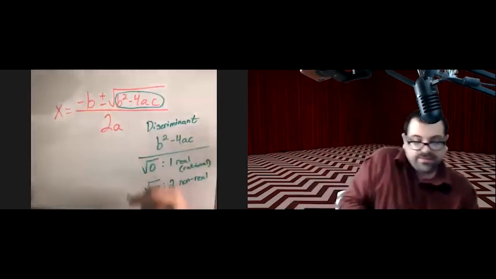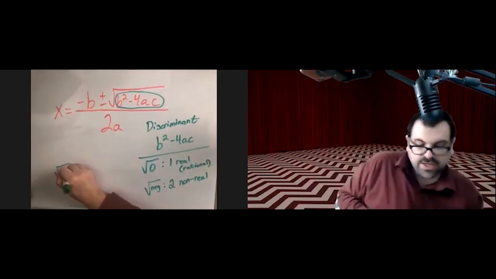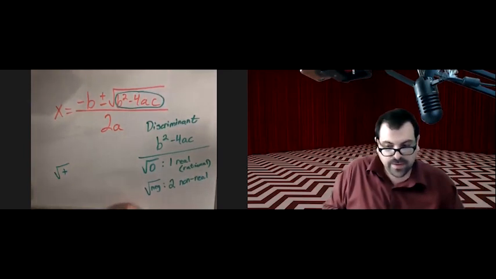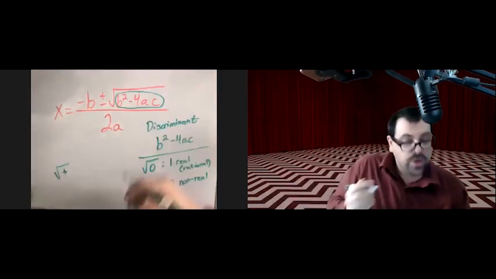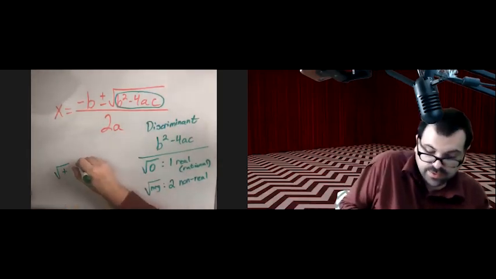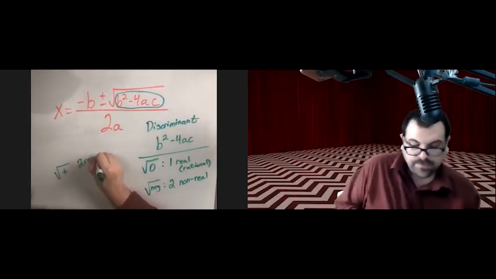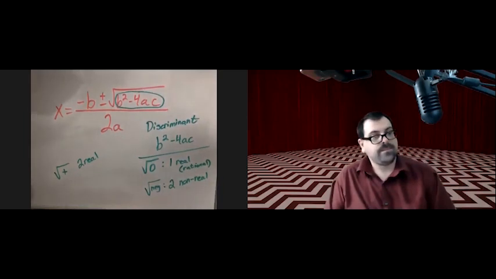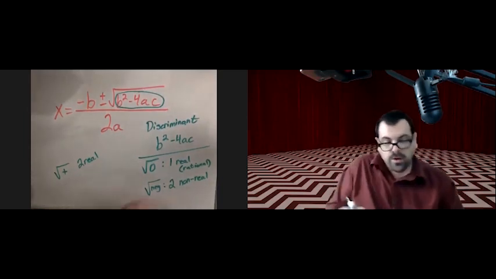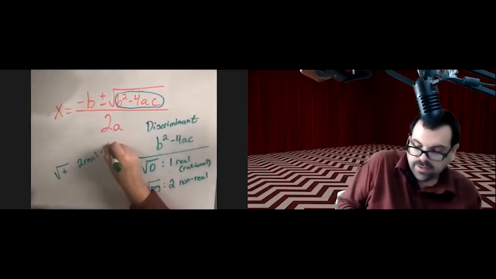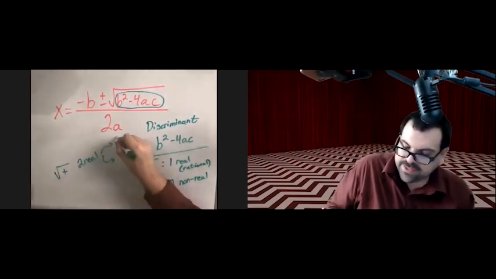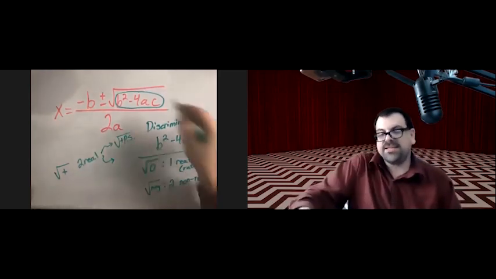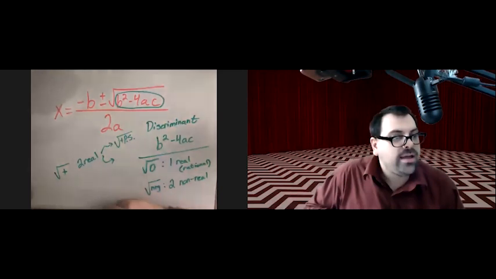What if it's positive? If the discriminant is positive, then we're going to get the square root of something. We'll have two real answers. We could even get a little bit more detailed. If it's a positive perfect square, that means the radical will even go away.